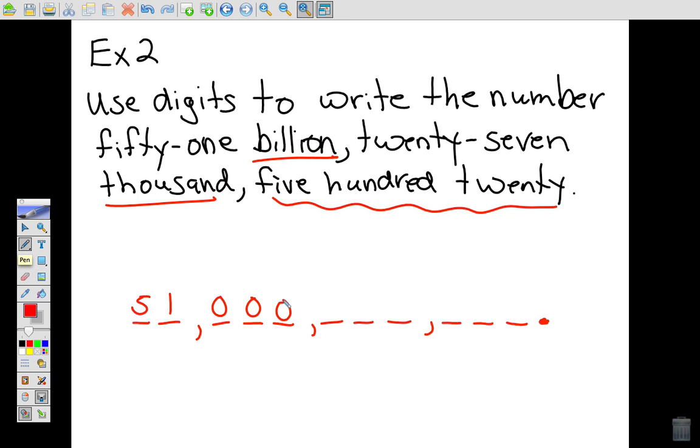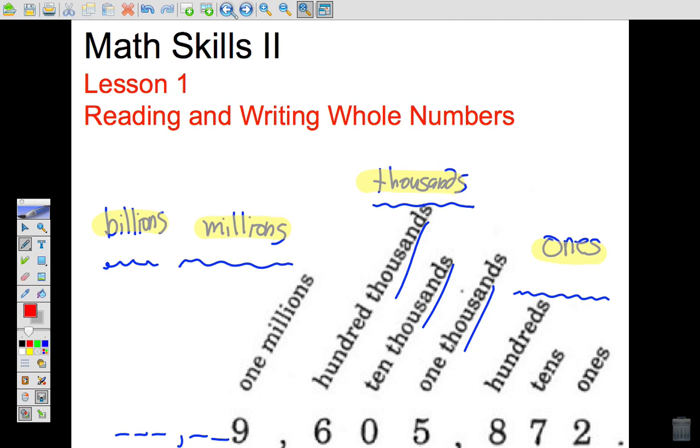And then we have how many thousands? 27,000. There's not any hundreds, so I don't have anything there, but I need that placeholder. And then finally 500, and I do have some hundreds here, 520. And that's how I would write this number. So I've written the number 51,027,520. And really this is just a basic review of reading and writing whole numbers.